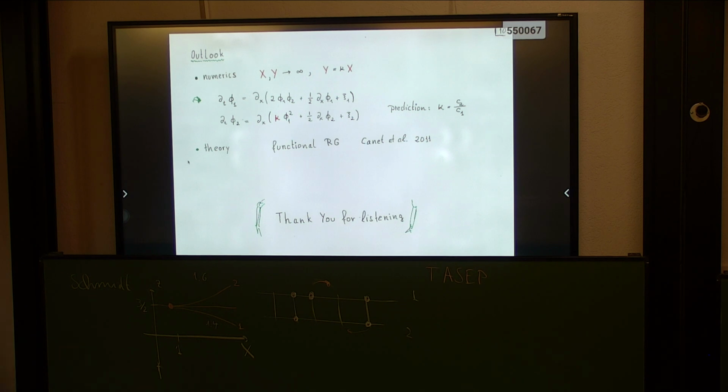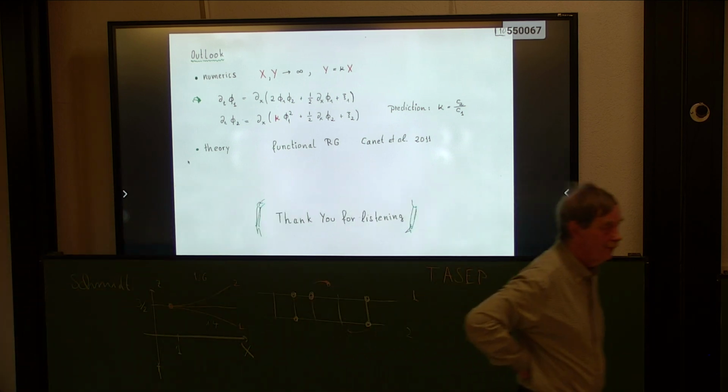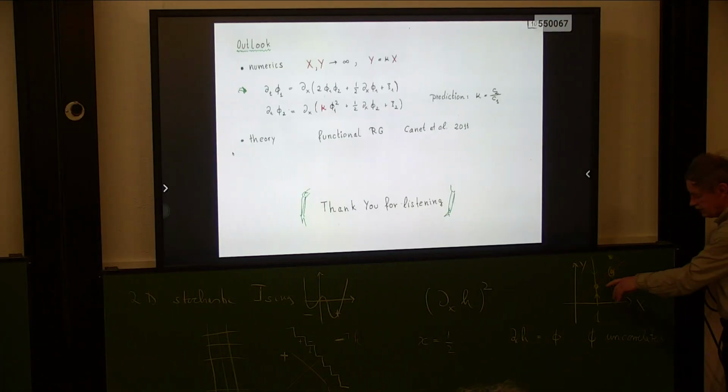Time for questions. Does anything simplify if you take x to 0 or infinity? It seems like those are potentially tractable limits. What was that? If you take x to 0 or x to infinity. Well, x to 0, at least numerically, it looks pretty singular, right?